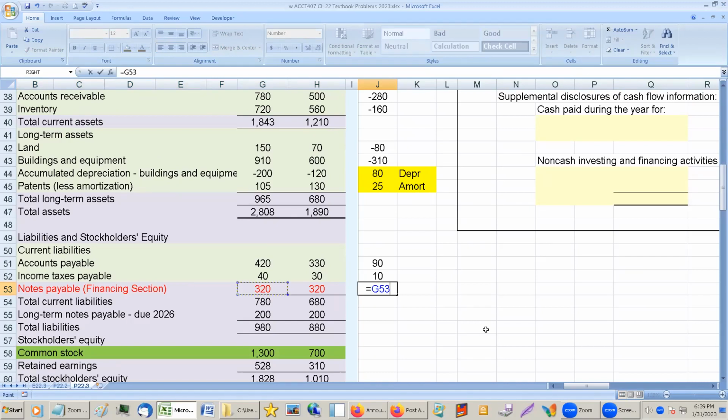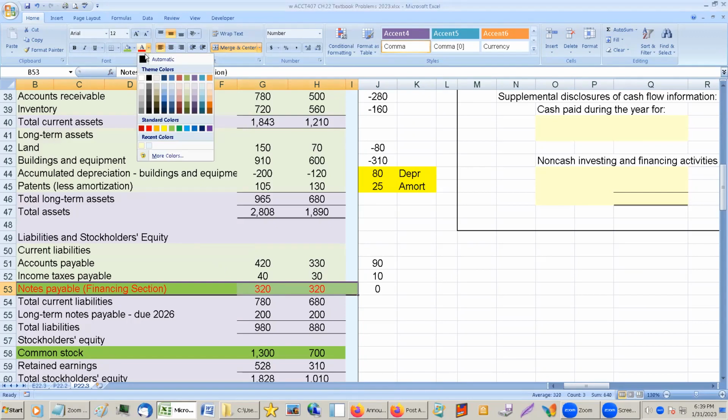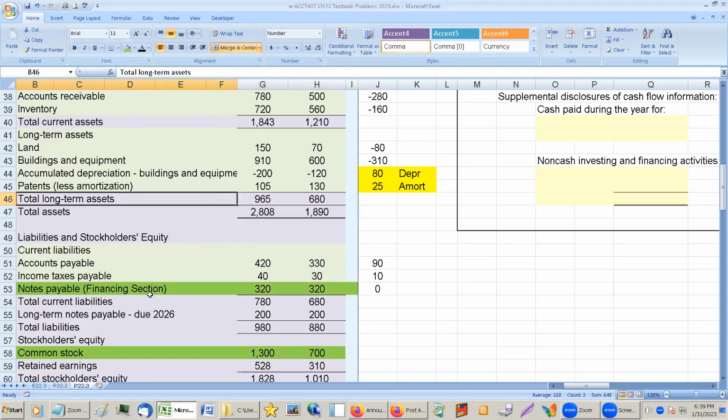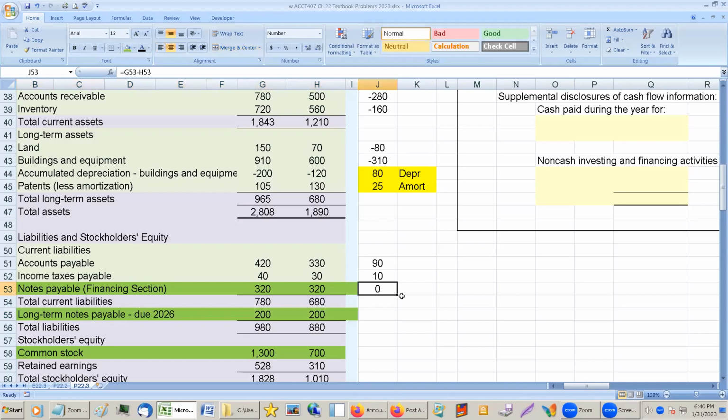These notes payable would go in there. However, nothing happened in those. Long-term notes would go in there, but nothing has happened in there.